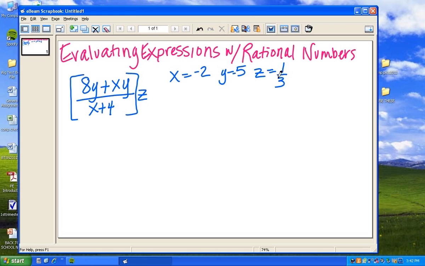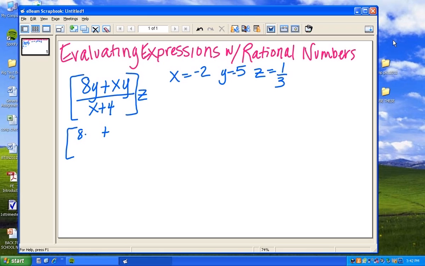Okay, so we need to do this problem step by step. And the first thing that I'm going to do is I'm going to rewrite my problem exactly how I have it, but I'm going to plug in my values of my variables. So I'm going to keep my brackets, and I'm going to say 8 times, and y is a -2, plus my x, oh sorry, I wrote the wrong thing for y.